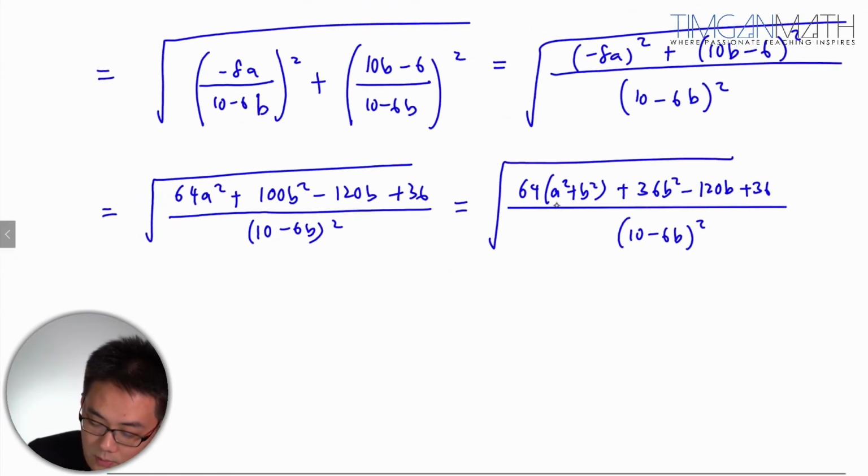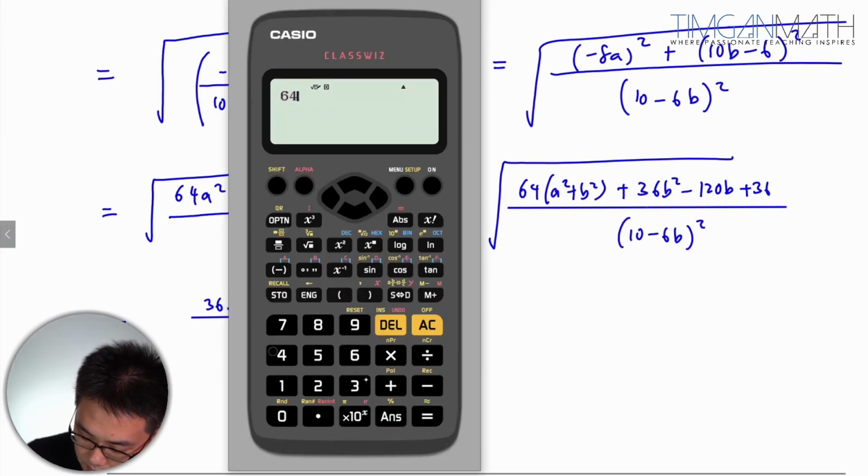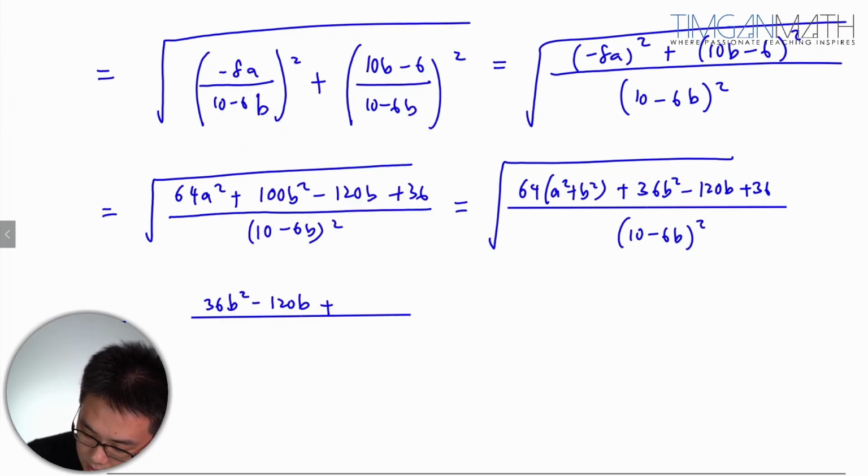Okay, so this will be 1. So 64 plus 36 will be 100. So what I'll get is actually just, let me just write this down nicely. So it's 36b square minus 120b plus 100. Over here, then this is 10 minus 6b square.